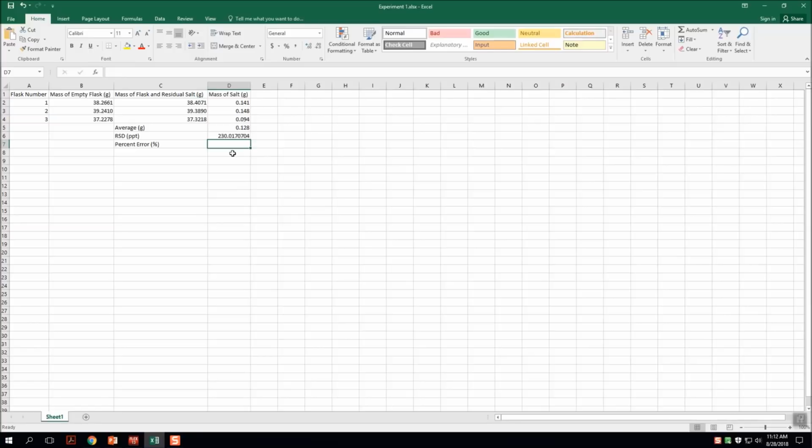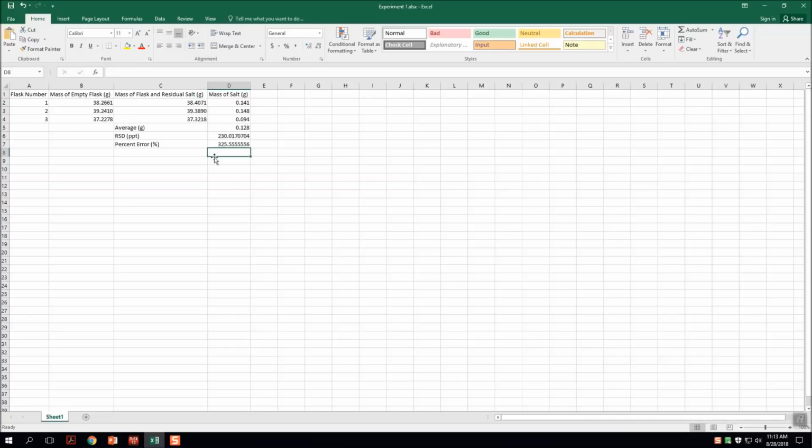So to do absolute value, type equals ABS for absolute value, this, 0.030 minus the average, divided by the accepted value, 0.030 times 100, because it's a percentage. And we get 325% error.